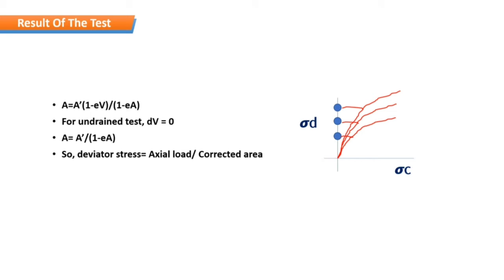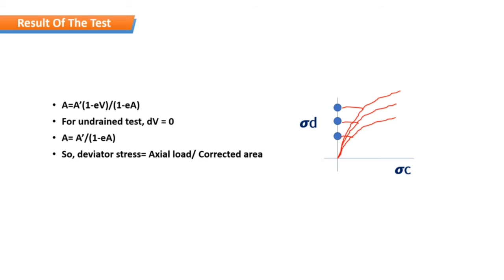This is the formula: A dash equals A naught times (1 minus ev) upon (1 minus ea), because the volume is not changed.